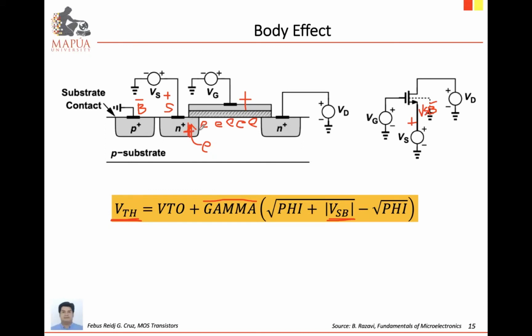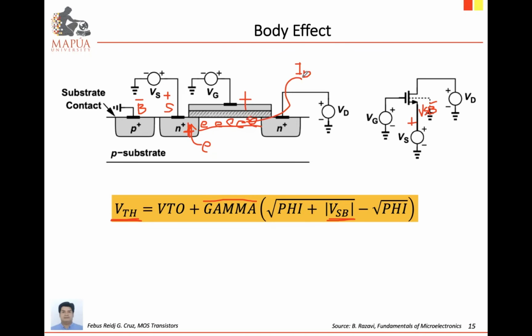That would reduce the amount of channel. And when you have a smaller region of channel, a smaller area, then the resulting drain current will also be smaller.